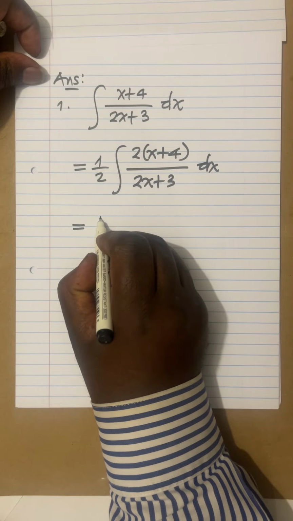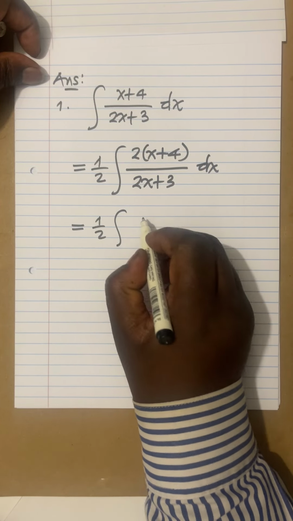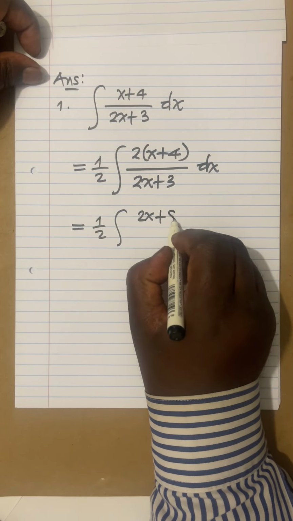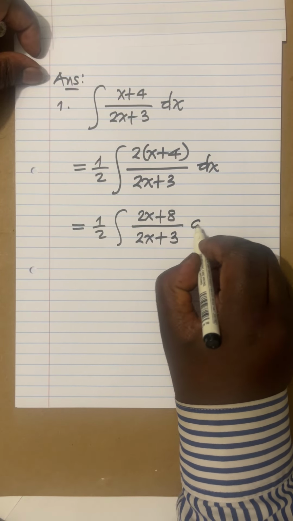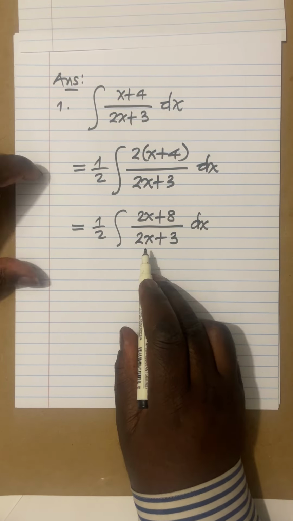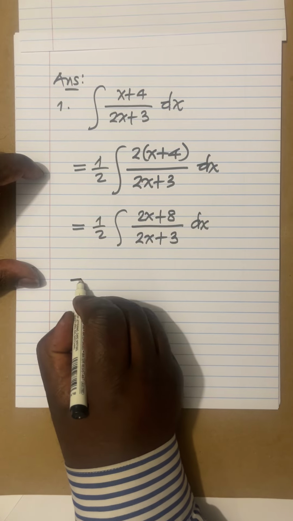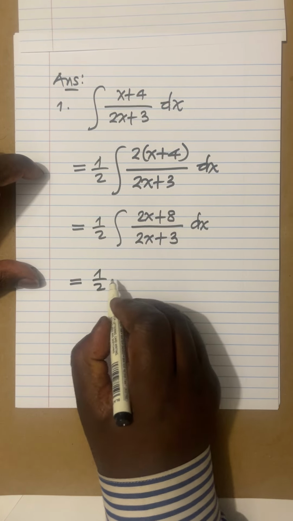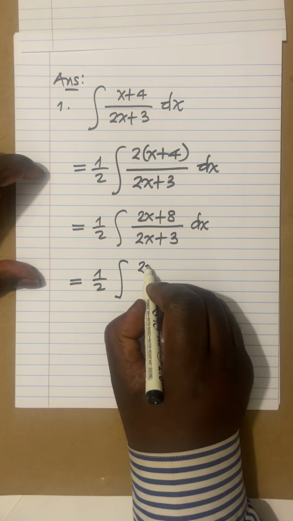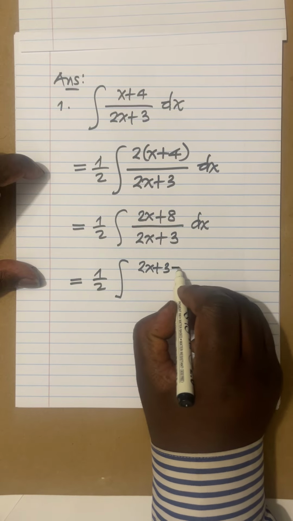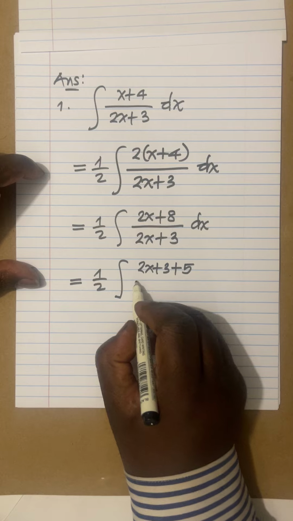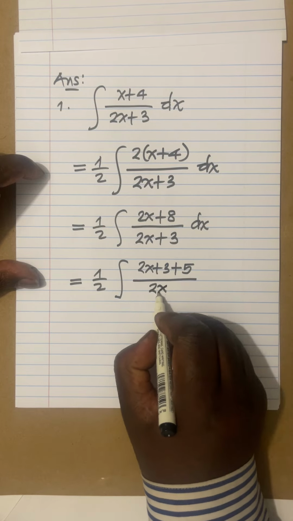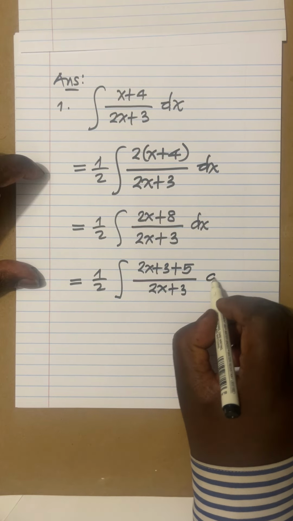So this is going to be half of the integral of 2x plus 8, if you expand that, over 2x plus 3 dx. I'm going to rewrite the numerator there to 1 over 2, the integral of 2x plus 3. Remember, I have to say plus 5 because I have 8 there, all over 2x plus 3 dx.